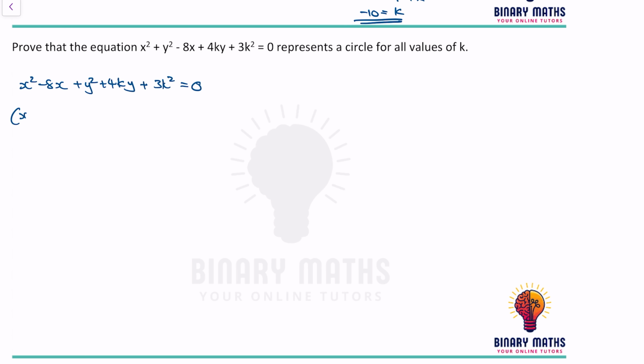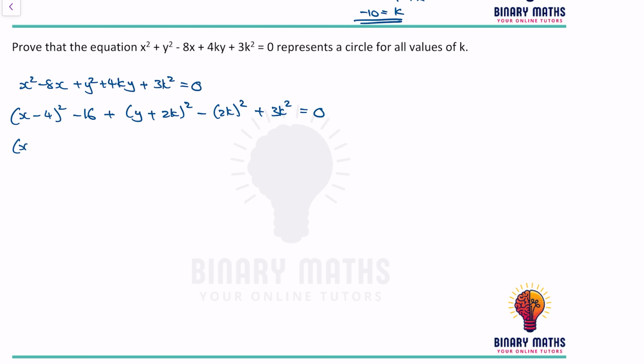Let's complete the square. So half the coefficient of x, which is -4, (x - 4)² - 16, plus (y + 2k)² - (2k)² + 3k² = 0, where half of 4k is 2k.